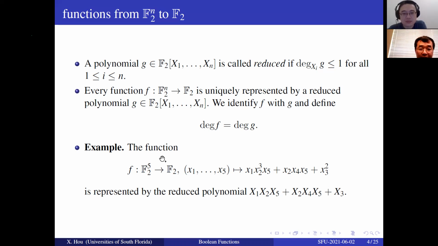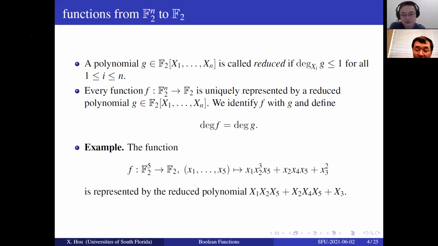So here is an example. Suppose I have a function from F2 to the 5 to F2. This is the definition of the function. And this function is represented by the reduced polynomial x1 x2 x5 + x2 x4 x5 + x3.